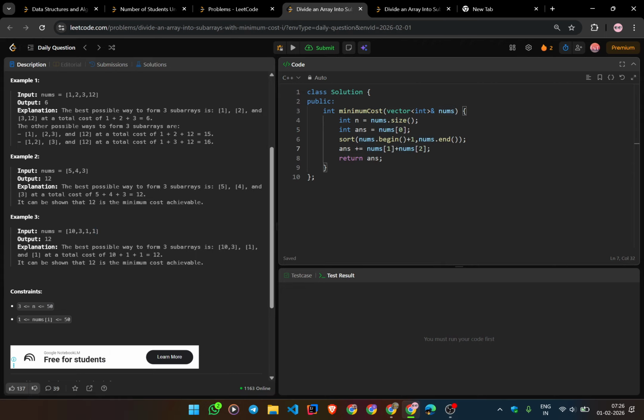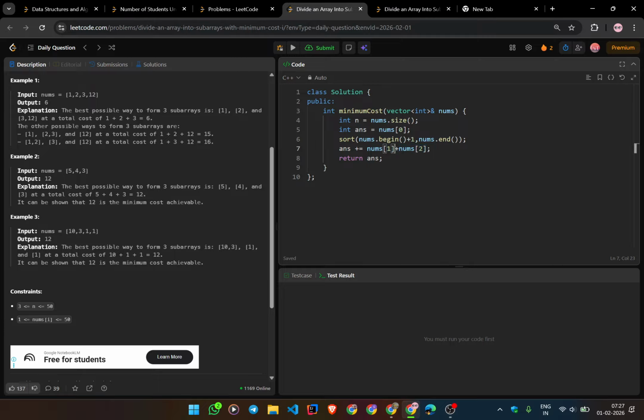We sort only the remaining part. After sorting, the 1 and 1 will come at the front positions, and then we take the minimum ones. That's why we have done this.